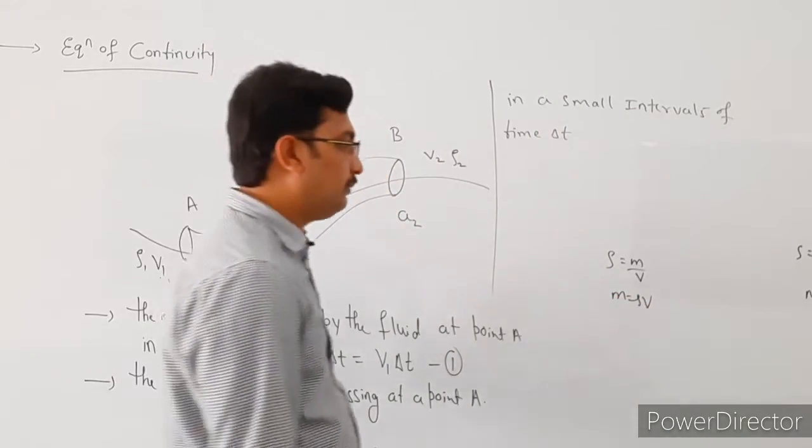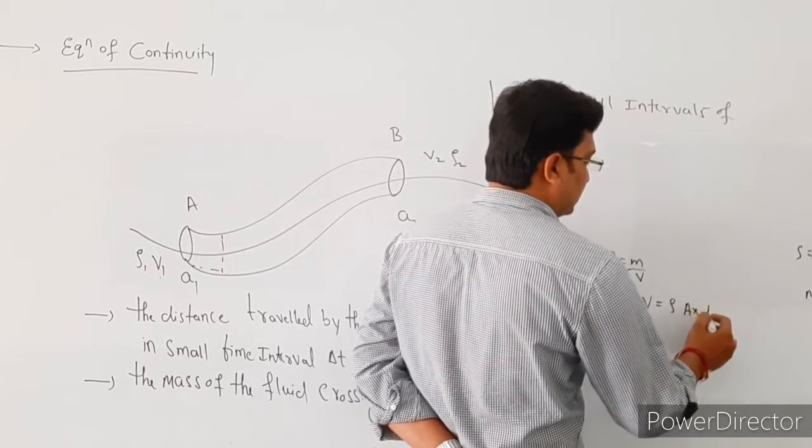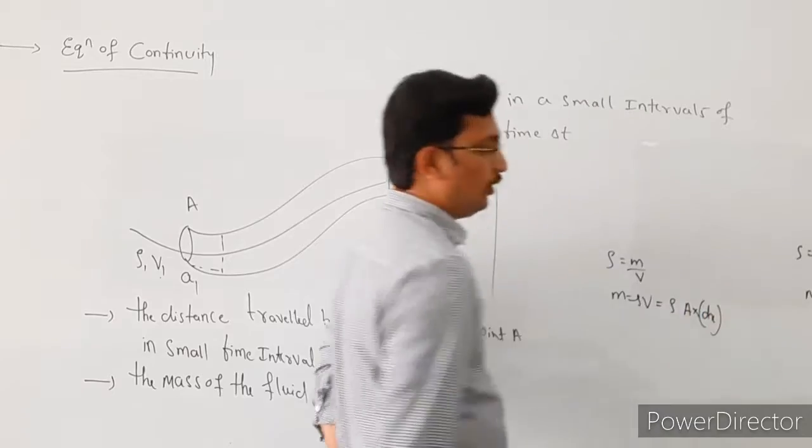Volume can be written as area into the distance traveled by the fluid in the tube.